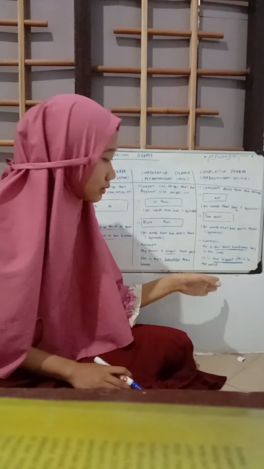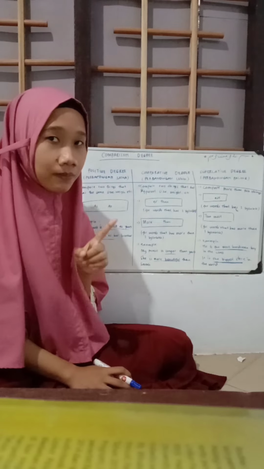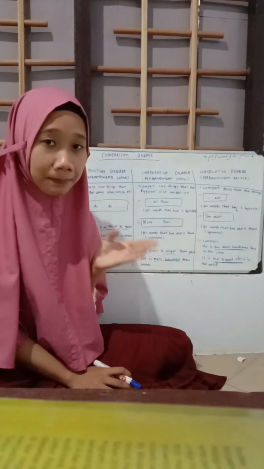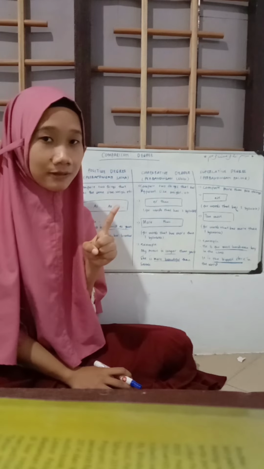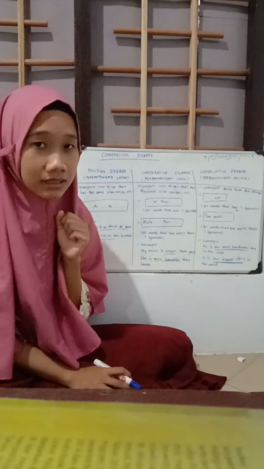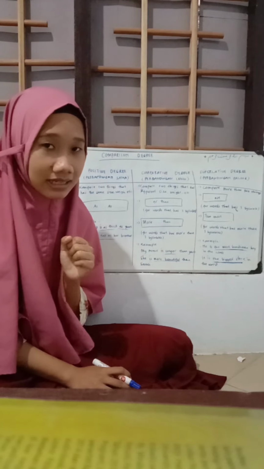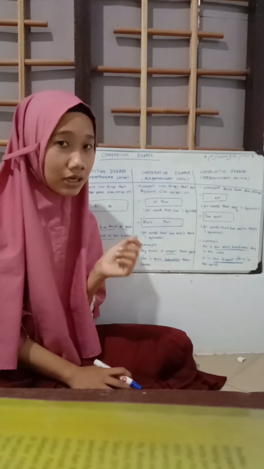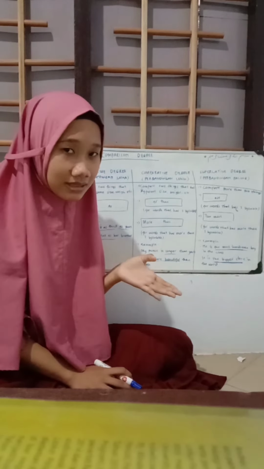In this example, you should remember biggest comes from the word big, and big has only one syllable. Okay, so it becomes biggest. We add -est at the end of the word, not "more" or "most big", but biggest.